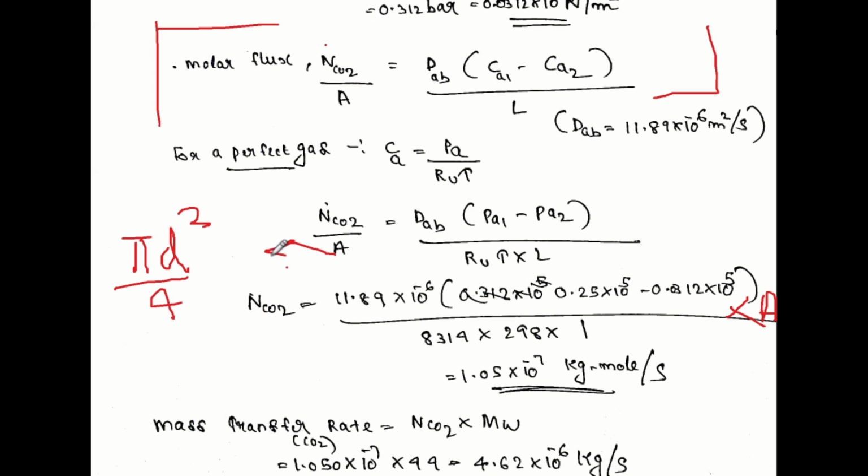Just multiply the molar flow rate with the molecular weight, because the ratio of mass flow rate and molar flow rate is the molecular weight. So if we have the molar flow rate, multiplying it by the molecular weight gives the mass transfer rate of carbon dioxide. That will be around 4.6 into 10 raised to minus 6 kilogram per second. So we got the first part: the mass transfer rate of carbon dioxide is 4.60 into 10 raised to minus 6 kilogram per second.